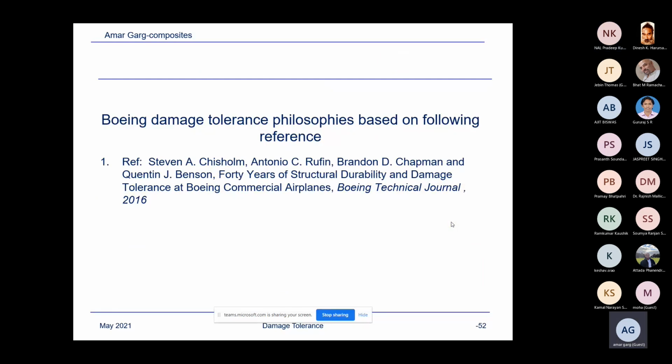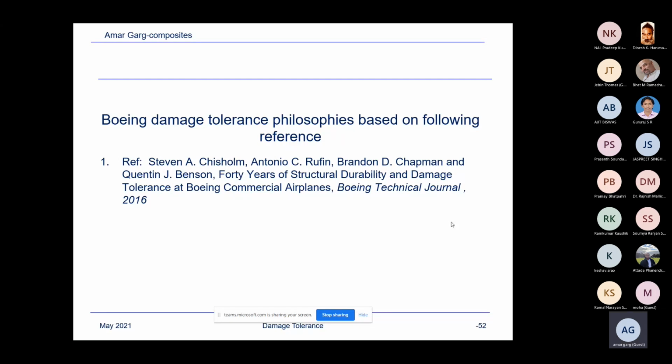Okay, now this reference, what you see on the front, by Steve Chisholm, I think he's currently engineering vice president of Boeing. Anthony Ruffin, he was an STT earlier, he retired several years back. Brad Chapman and Quinn Benson.